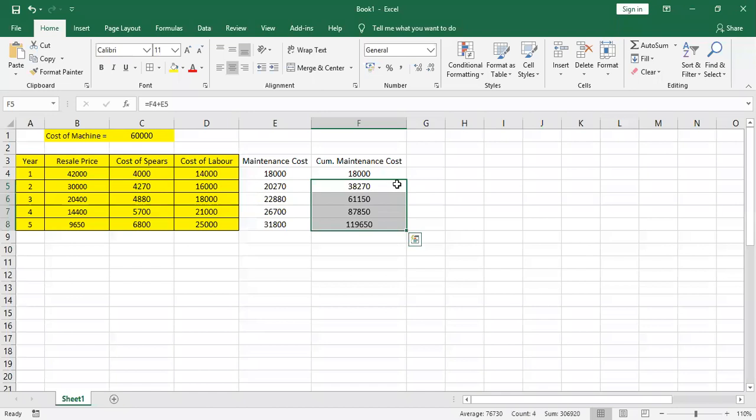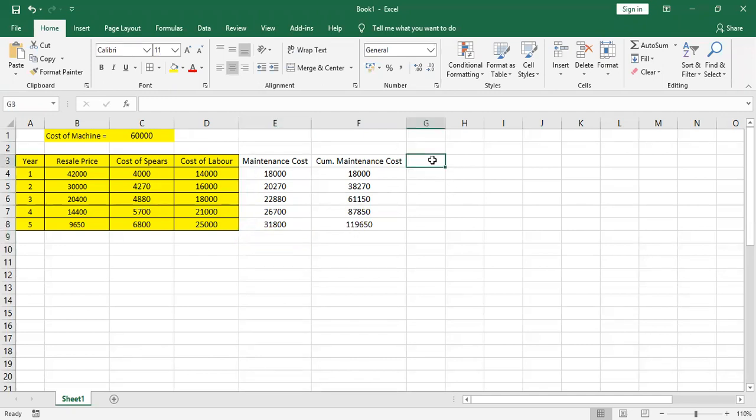Likewise, we calculate the cumulative maintenance cost. If we are talking about the total 5 years, we spend 1,19,650, and that comes in cumulative maintenance cost also, that is 1,19,650, right? So we calculate the cumulative maintenance cost on the basis of year.